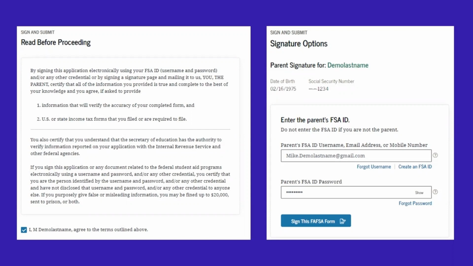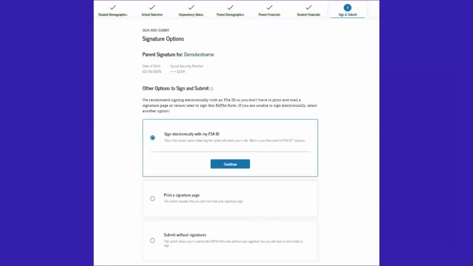So on for the signature options, you have several options. They're going to ask for that ID again, the FSA ID password and email address, and then they're going to ask you how you want to sign. So you have the option to sign electronically, which is going to be, quite frankly, the fastest way. As long as you have that FSA ID, you hit continue and go through and follow the steps to sign it and submit the form.